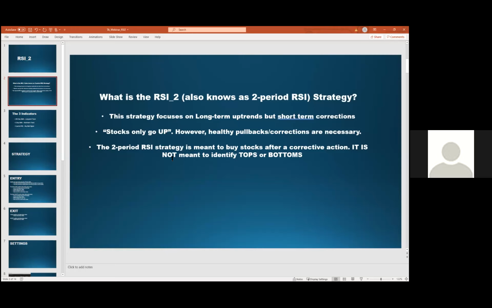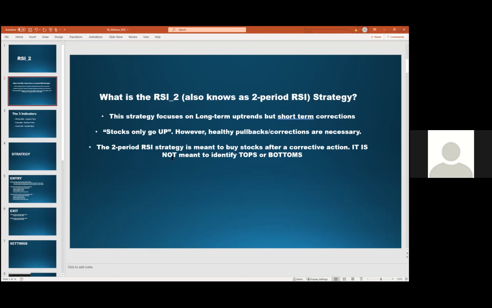It's just like SPY, for example. SPY just kept running up without any healthy pullbacks. And a pullback for any stock or any index is necessary, as I said, because it is required. People have to take their profits, secure that money, and then reinvest back into that if they are interested.